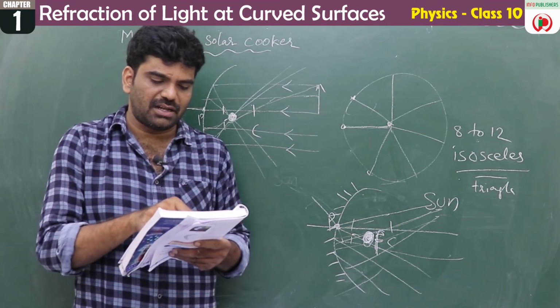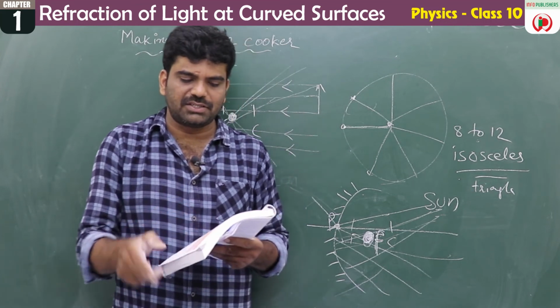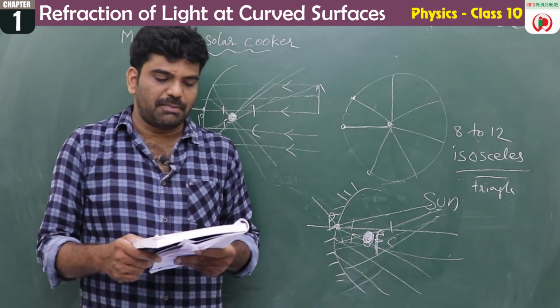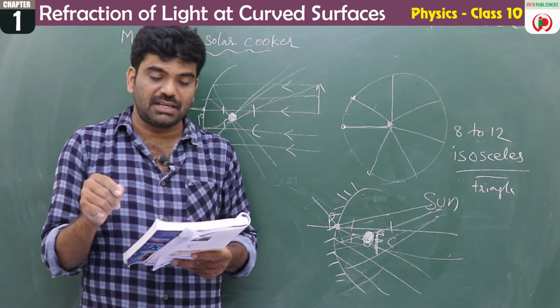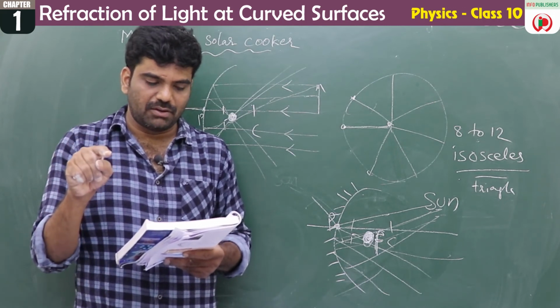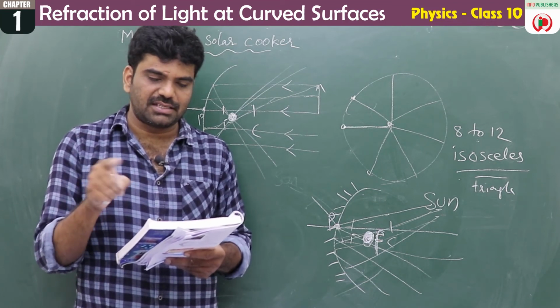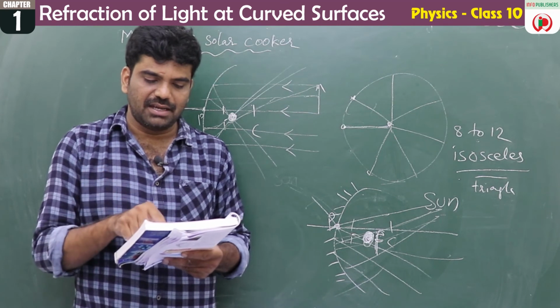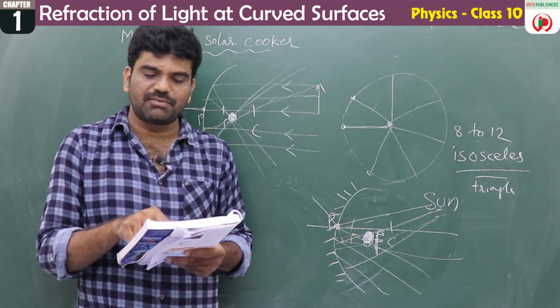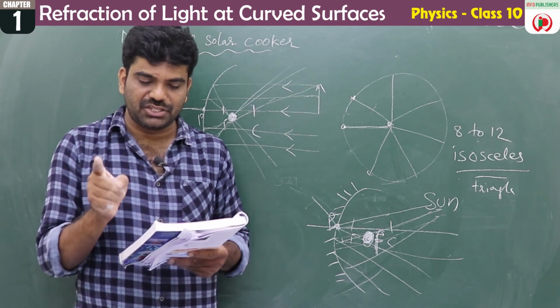The second one and the last one are simply reversed. Enlarged or diminished at infinity we can't find. Between f and c, if you keep the object, the position of the image is beyond c. If you keep it beyond c, see the third one and the fifth one, they are reversed. Between f and c, the image is enlarged in the case of the third one. In the case of the fifth one, the image is diminished.